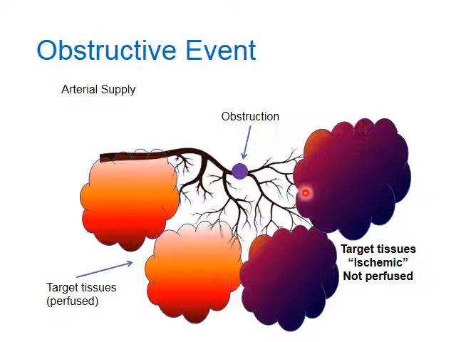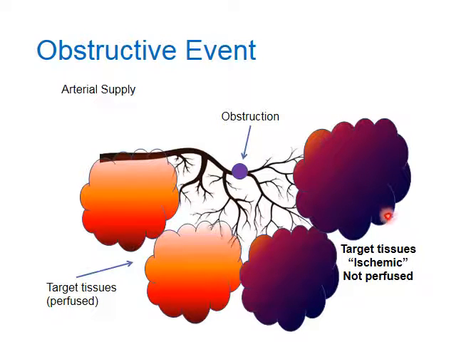And notice I didn't completely make these tissues over here black. There are a few areas that are still orangish or reddish, and the reason I did that is because they're probably getting some collateral blood flow from other areas.